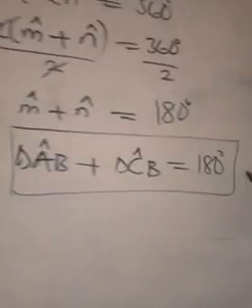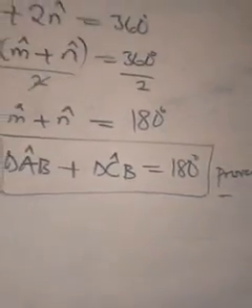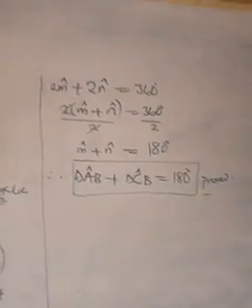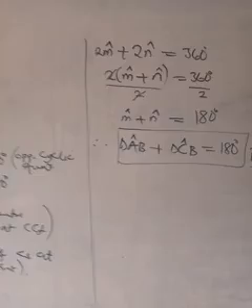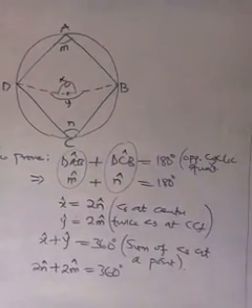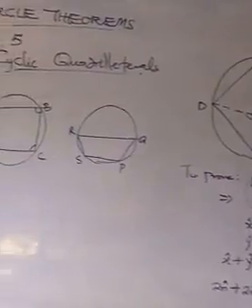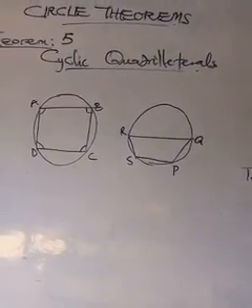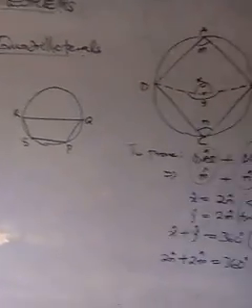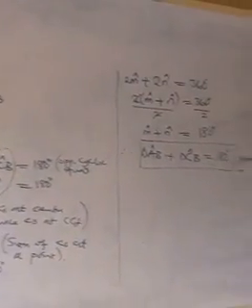This law has been proved. So this is how we can prove that the sum of the opposite angles of a cyclic quadrilateral is equal to 180 degrees. Or we say the sum is equal to 2 right angles. This is how we can prove it.